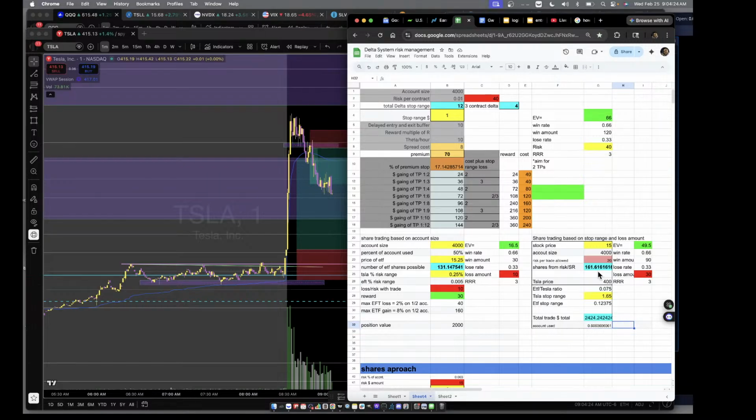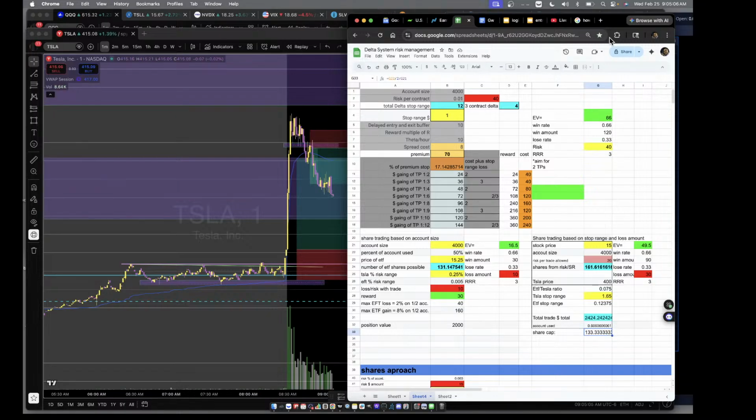Sometimes I will be able to use... I am capped, my share cap is this divided by this divided by 2, or better, 2 divided by that, which is 133.